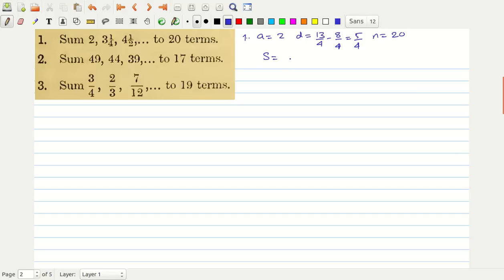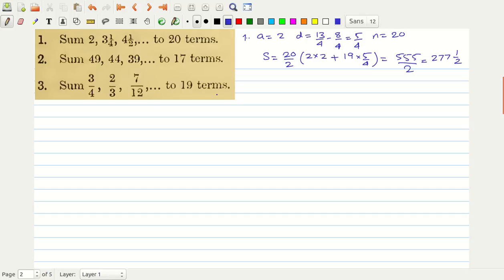Sum will be n by 2, which is 20 by 2, into 2 times A, which is 2 times 2, plus n minus 1 is 19 times 5 by 4, and you solve this and you get the answer as 555 by 2, and this will be equal to 277 and a half.